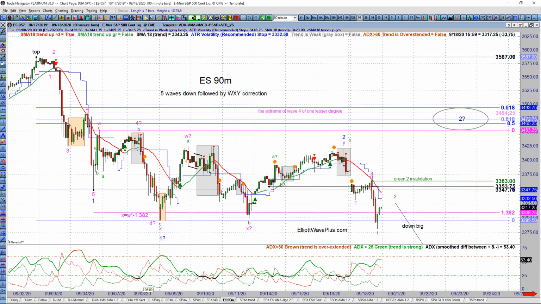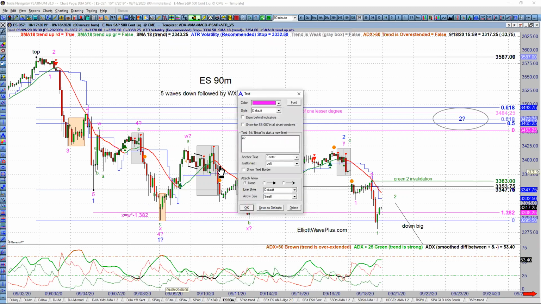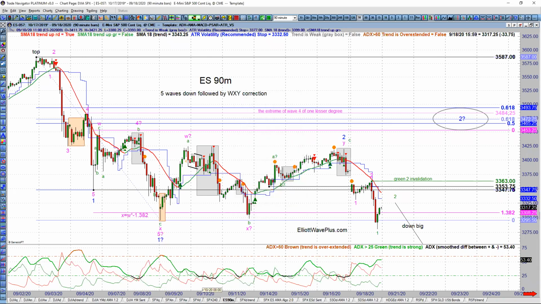And if that is the case, I've drawn a light blue Fibonacci on that, and that created this target here, which would be a 0.618 retrace after that 5-wave structure down.